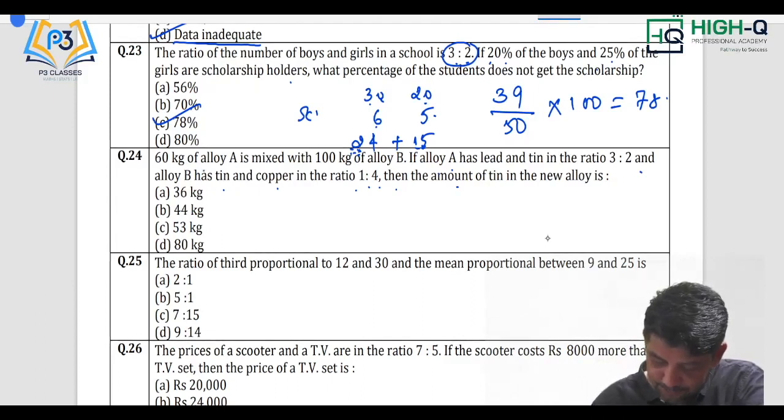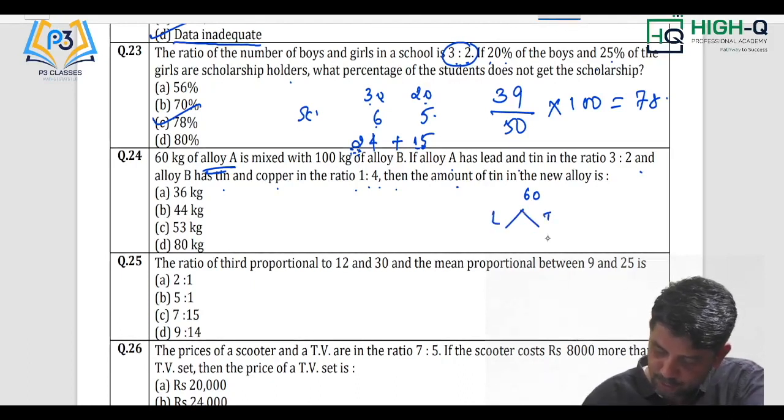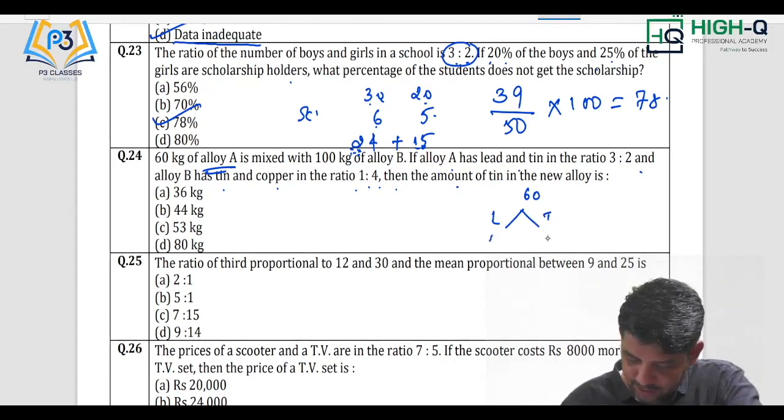First alloy, 60 kg. How much portion of tin? 60 kg of alloy has lead and tin in 3:2. So the lead portion will have 36 kg and the tin portion will be 24 kg.